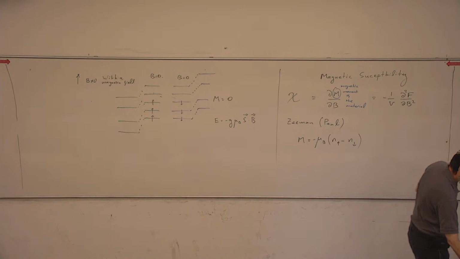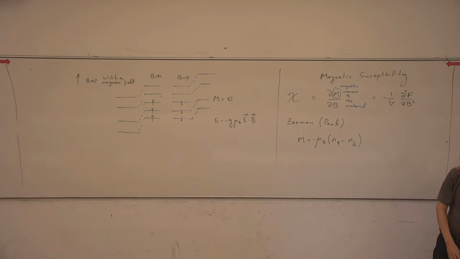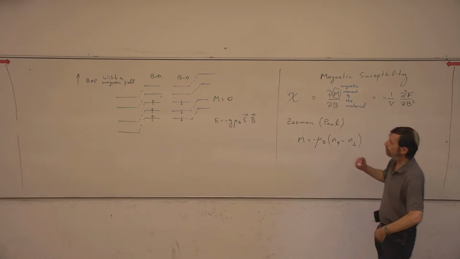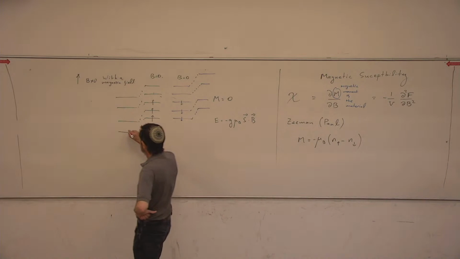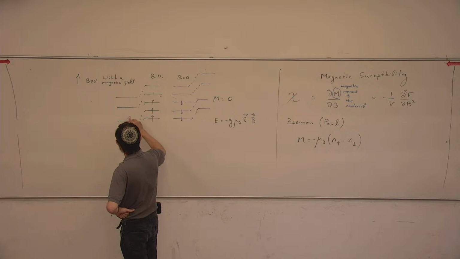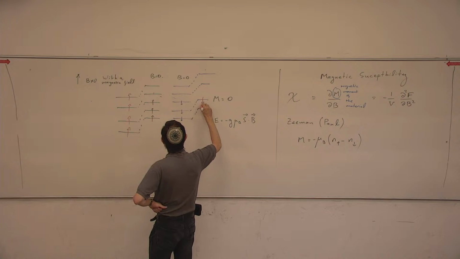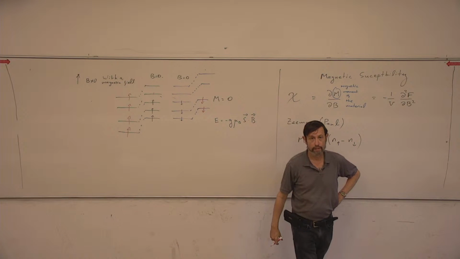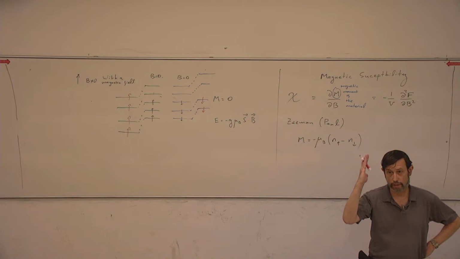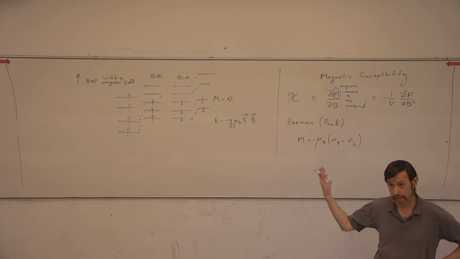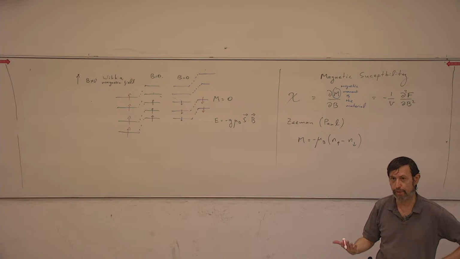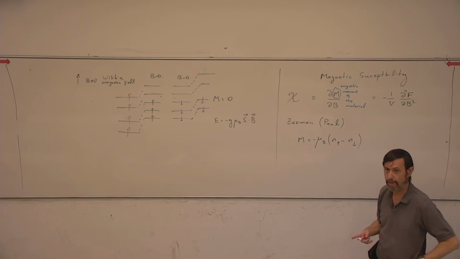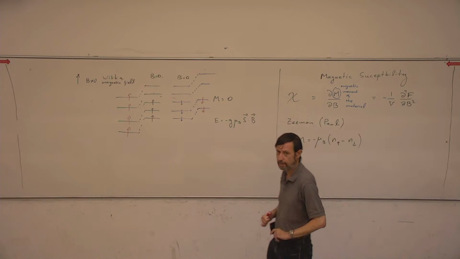So in this case, I would prefer to fill my electrons more in the direction of the field and less in the direction opposite the field. Meaning I create a magnetic moment in the system.